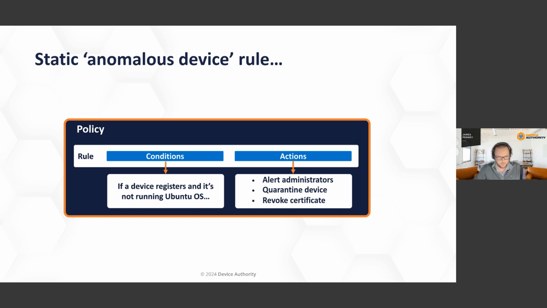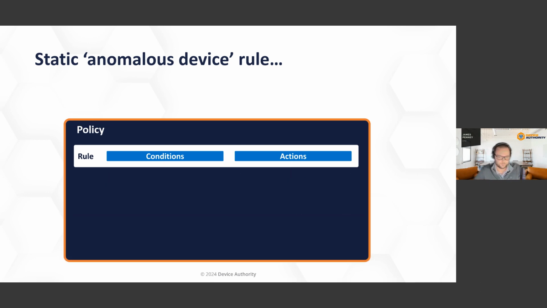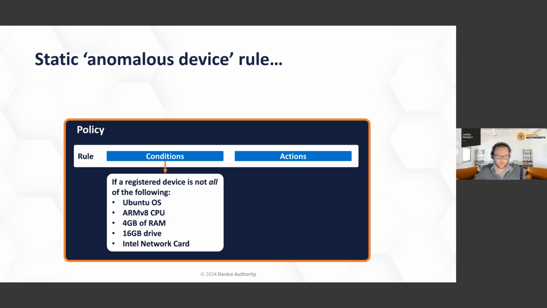I doubt that hackers, or bad actors, or whoever they might be, are exclusively saying, no, I don't want to touch Ubuntu, I use anything but. So let's create a bigger policy definition. If my device registers and it's not all, the wording is quite particular here, but not all of the following.